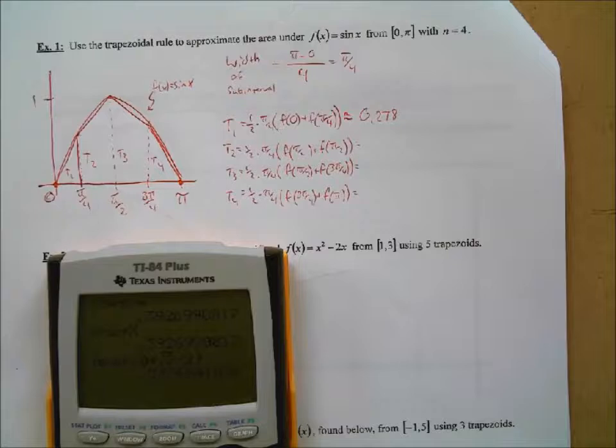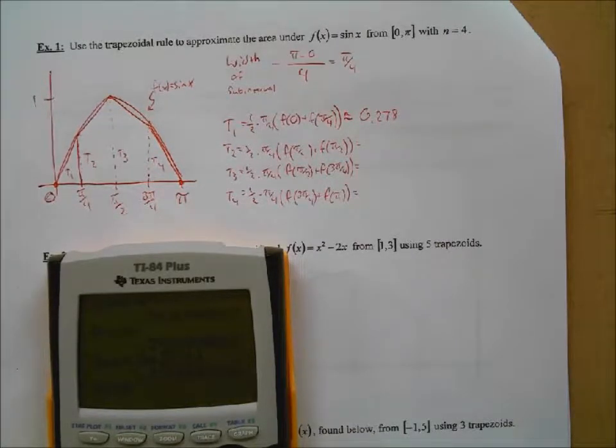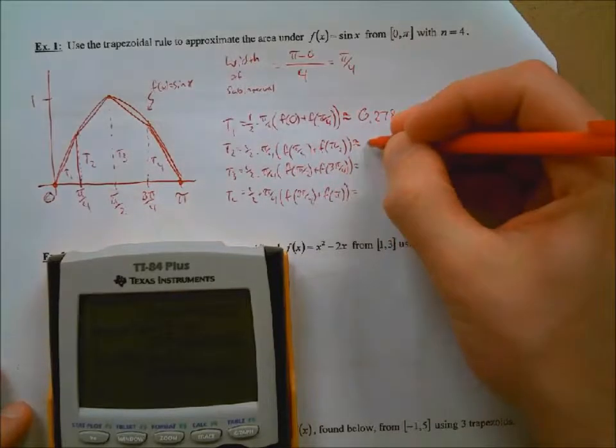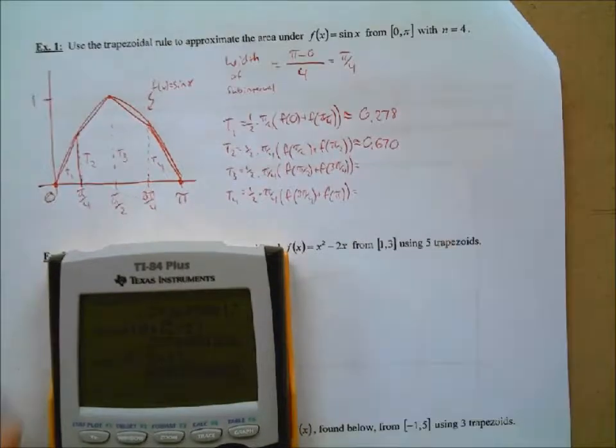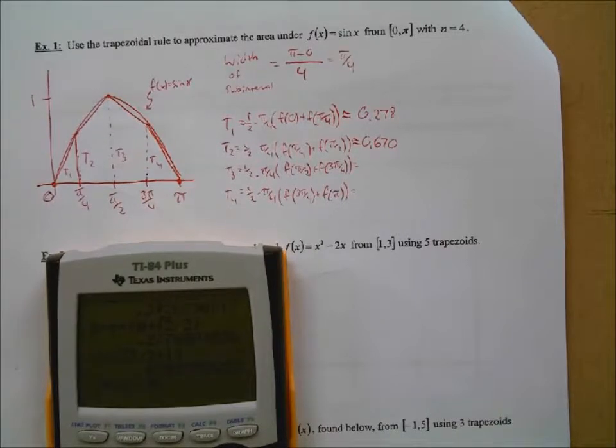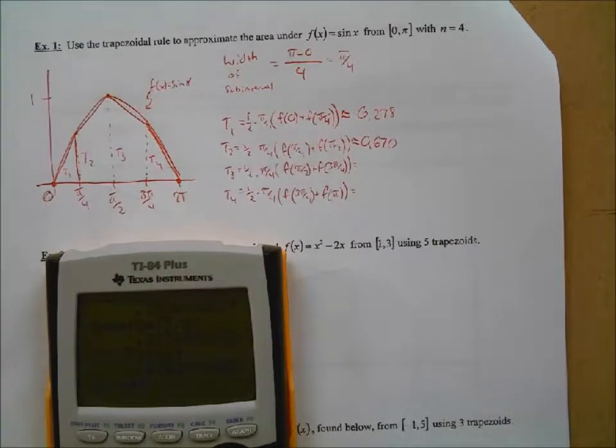And let's see here. Plus 1. I get this to be about 0.670. And let's see here, another root 2 over 2. Oh yeah, that makes sense because of symmetry there.